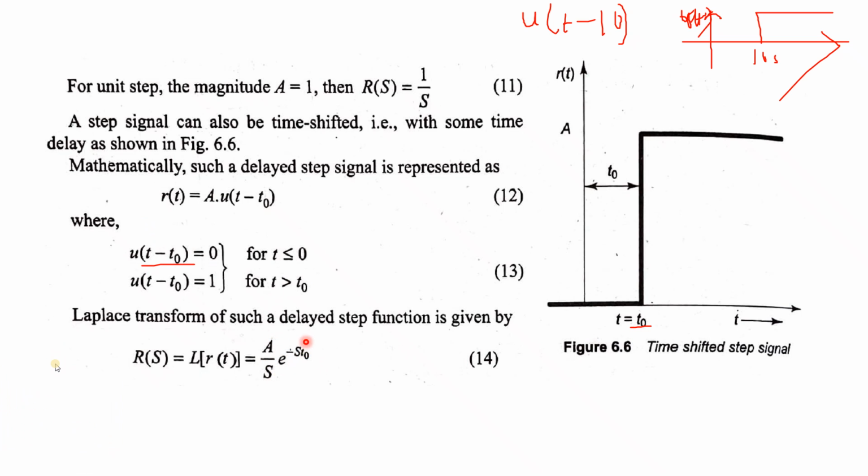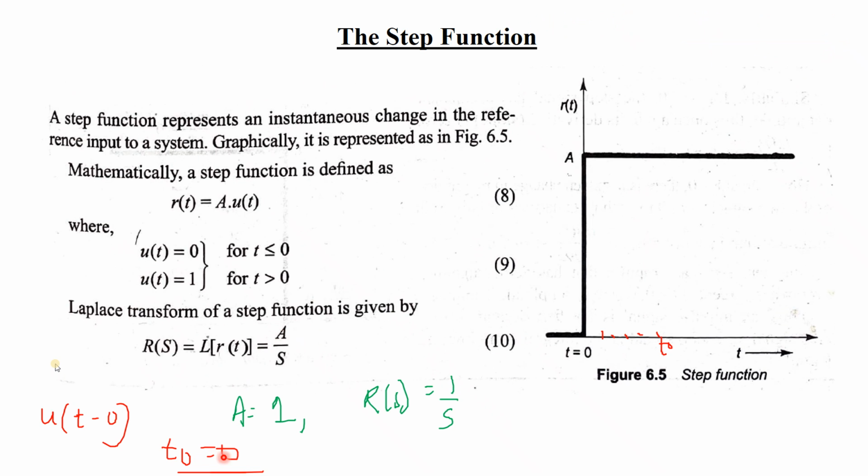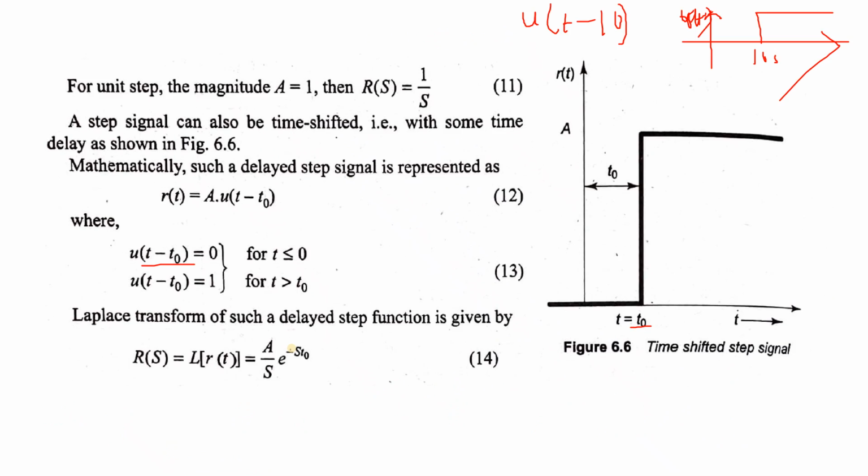Then what will be your Laplace transform? It will be 1 by s, e to the power minus s t0, because in this case, if t0 is 0, then e to the power minus s 0 means 1.